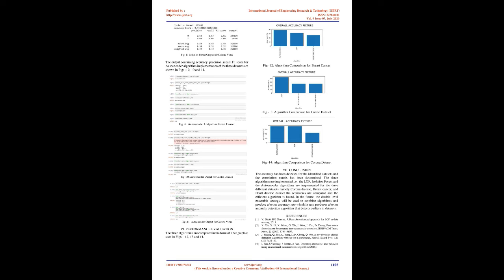B. Isolation forest. Isolation forest 14 explicitly identifies anomalies instead of profiling normal data points. Isolation forest, like any tree ensemble method, is built on the basis of decision trees. In these trees, partitions are created by first randomly selecting a feature and then selecting a random split value between the minimum and maximum value of the selected feature.